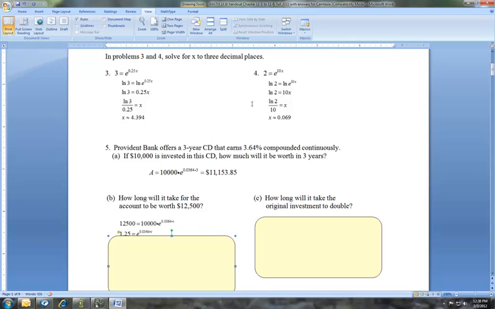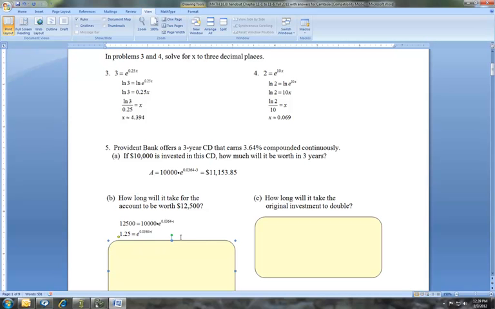So this is sort of similar to problem 3 and 4. You have to have base raised to unknown power isolated. So the first thing I did right here is divide both sides by 10,000. And then, if you'll notice, this step right here takes on the same look as 3 and 4 above.